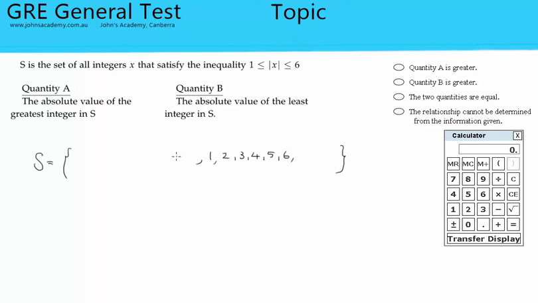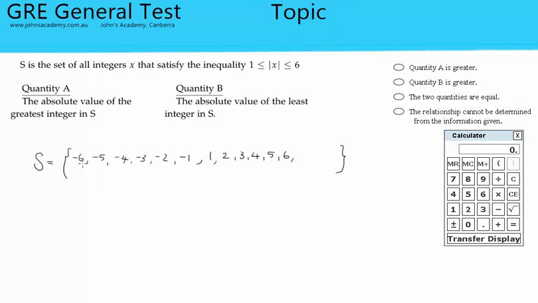But negative 1 is a possibility because what is absolute value of negative 1? That is 1. So that satisfies this condition. So does negative 2, negative 3, negative 4, negative 5, all the way up to negative 6.